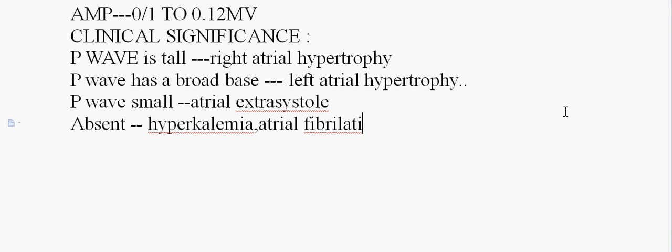And if the P wave is absent, so write absent here, the patient might suffer from hyperkalemia. Hyperkalemia means an excessive amount of potassium found in the blood, along with atrial fibrillation.